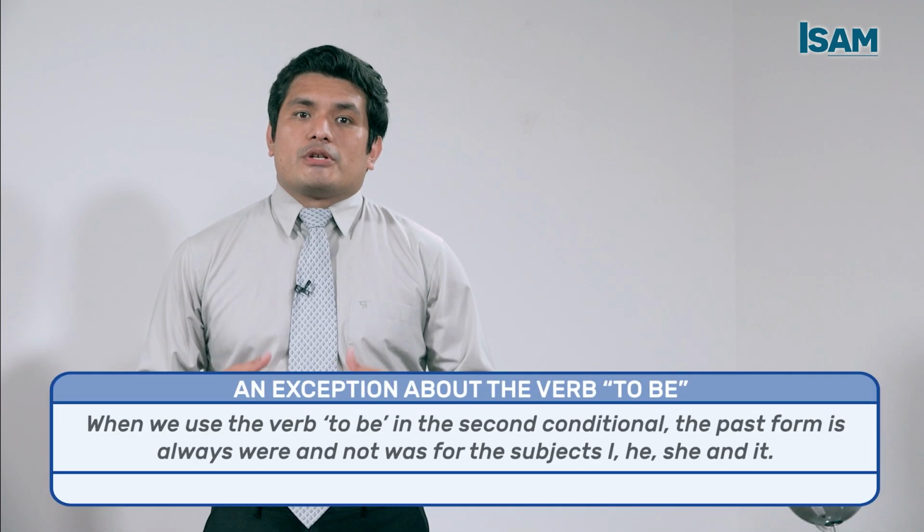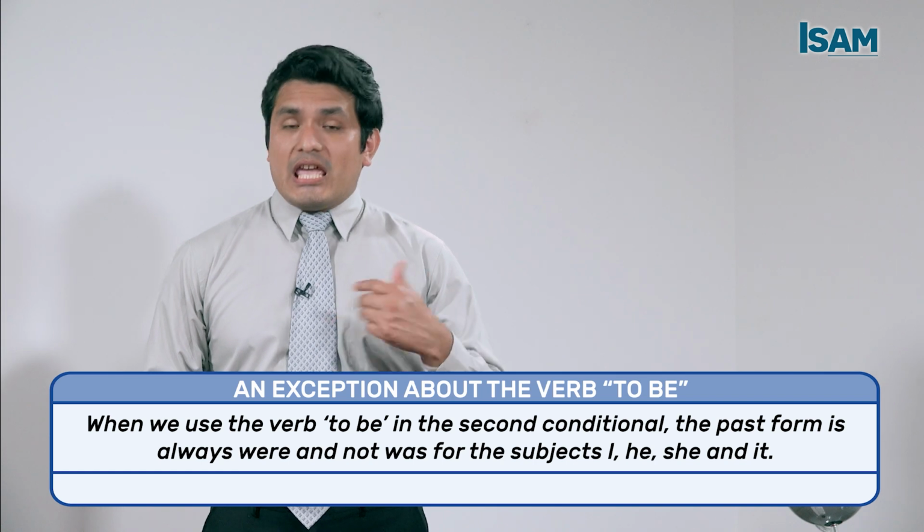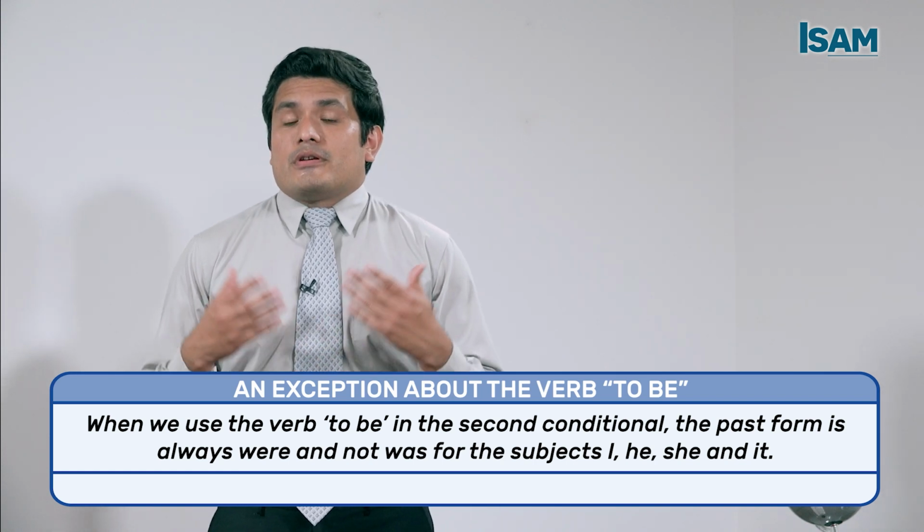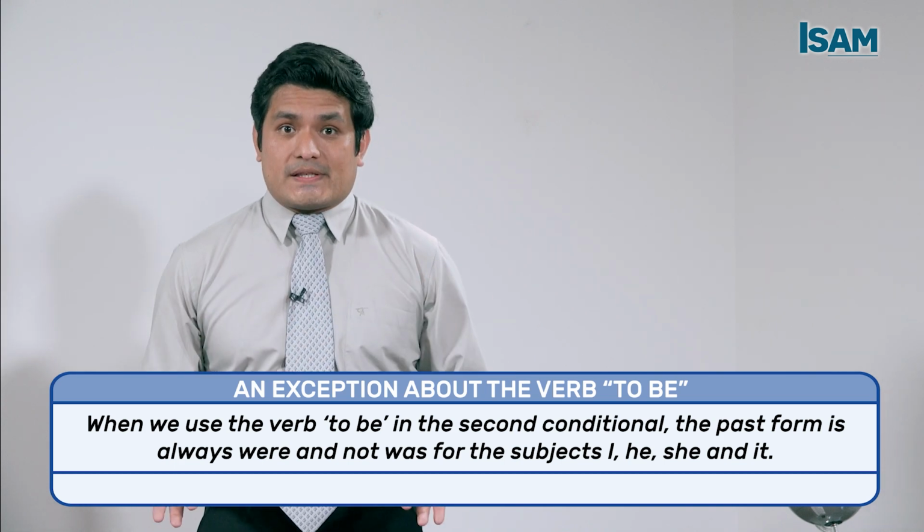When we use the verb be in second conditional, we are going to make an exception. Remember that when we use the simple past with the verb to be, we can use the verb to be with subjects like he, she, it, or I. The verb be is was.